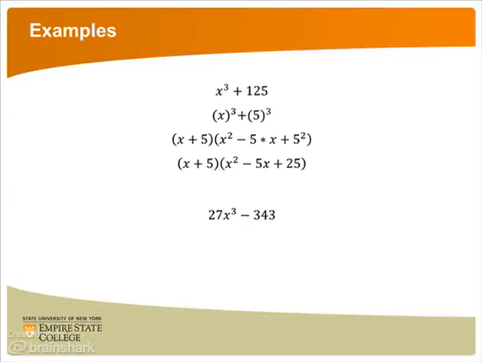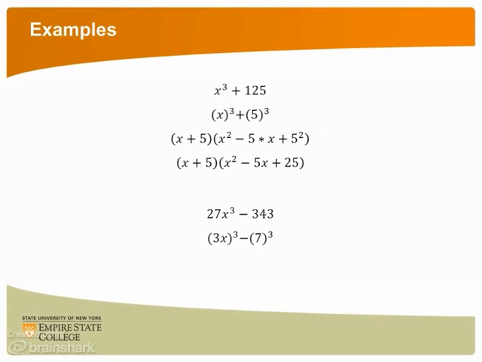What if we want to factor 27x cubed minus 343? 27x cubed is 3x cubed. 343 is 7 cubed. So we have 3x cubed minus 7 cubed.